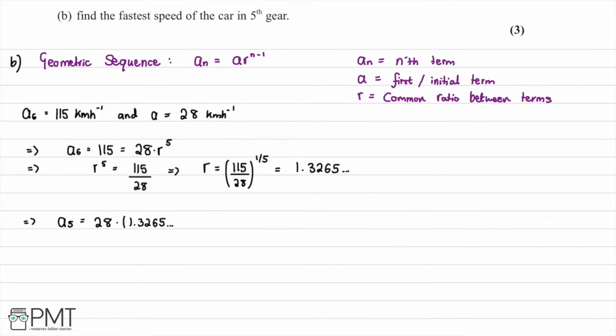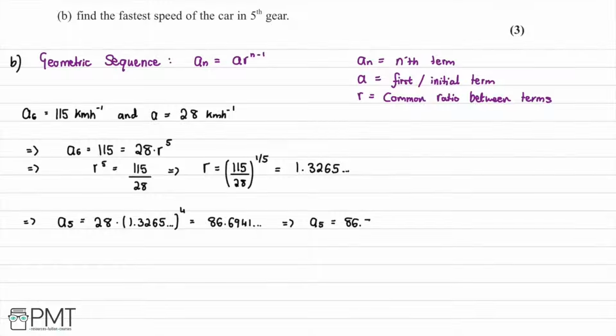That's a good way to make sure your answer is accurate. Then we take that to the power of 5 minus 1, which is 4. Putting this into our calculator, this comes out as 86.6941, and so on. We can round this to 3 significant figures.